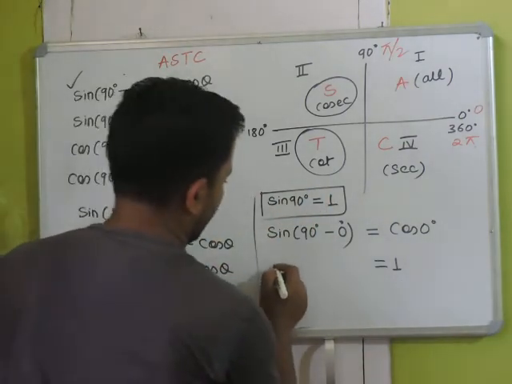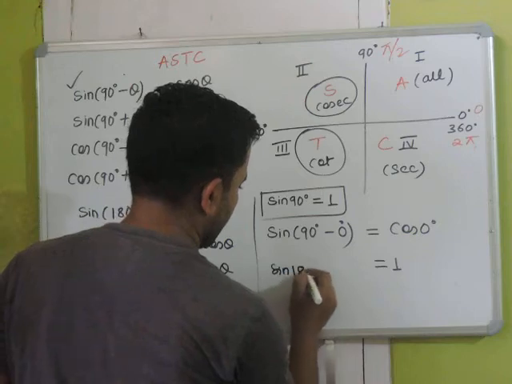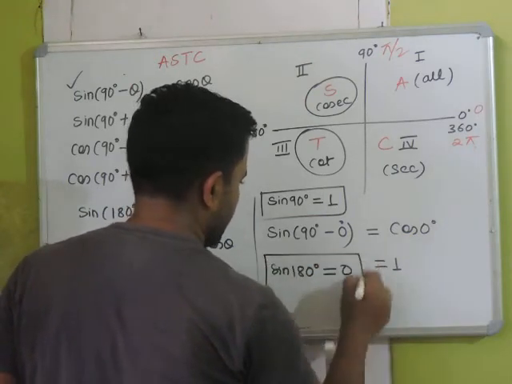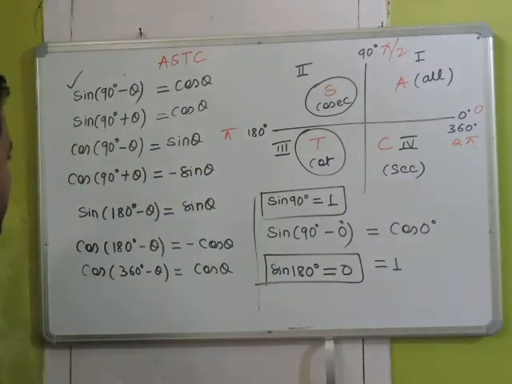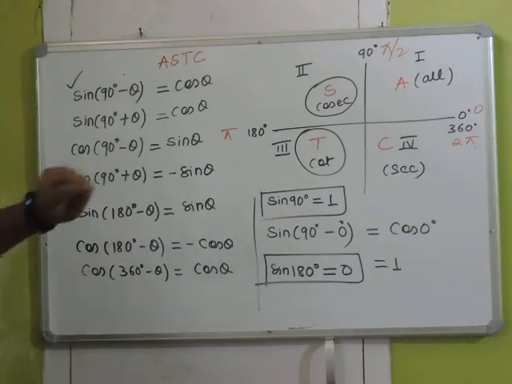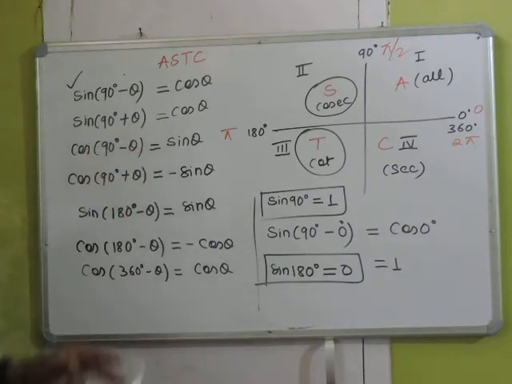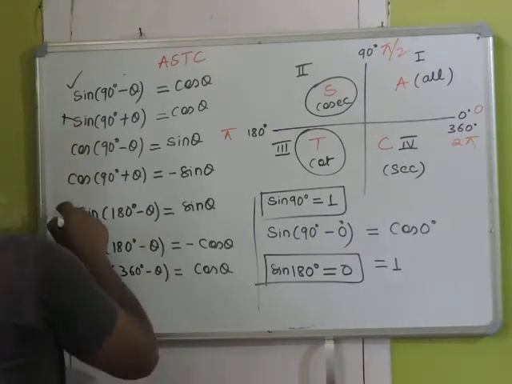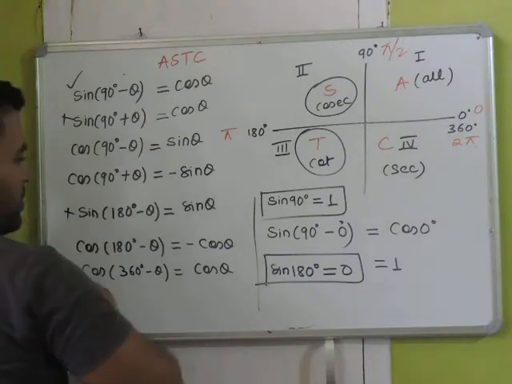Now let me try what sine 180 degree is going to look like. We are going to find that sine 180 is 0. How? So you go back to this formula. You can go back to this formula also, both will do. Let me use this one first.